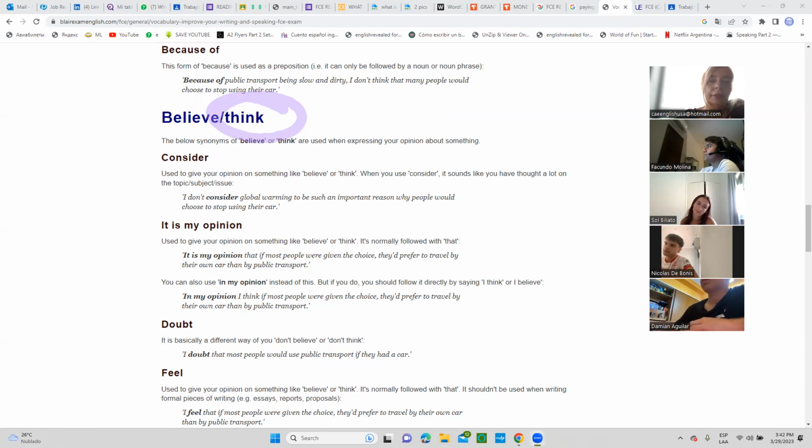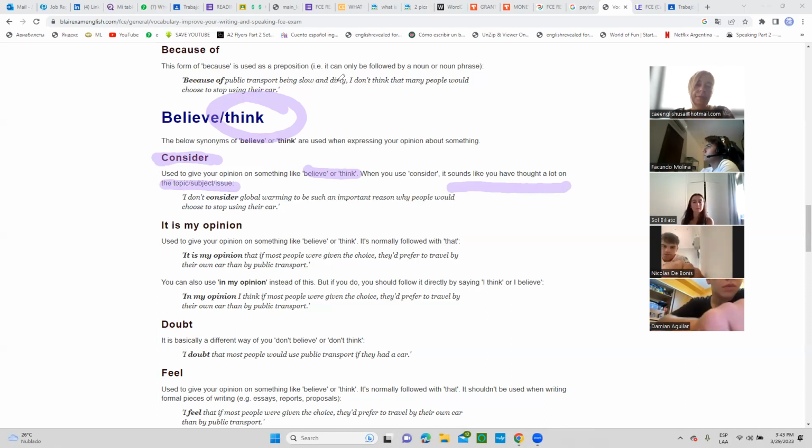So consider. This is good. I consider. Consider is used to give your opinion on something, the same as believe or think. When you use consider, it sounds like you have thought a lot on the topic, the subject, or the issue. Can you read the example, please, Damian?